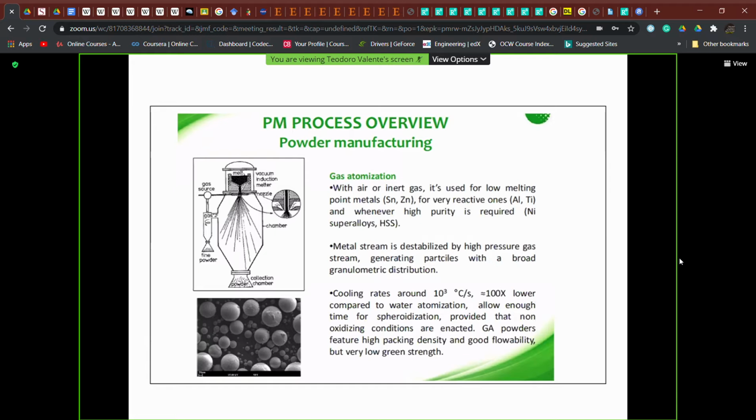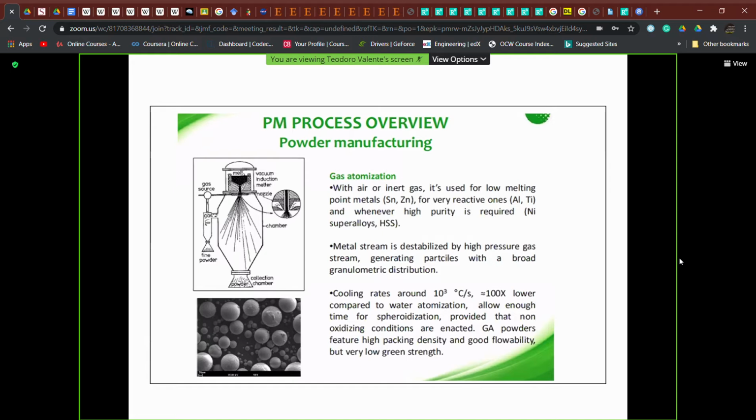And this higher solidification time allows the powder itself to form spheres.